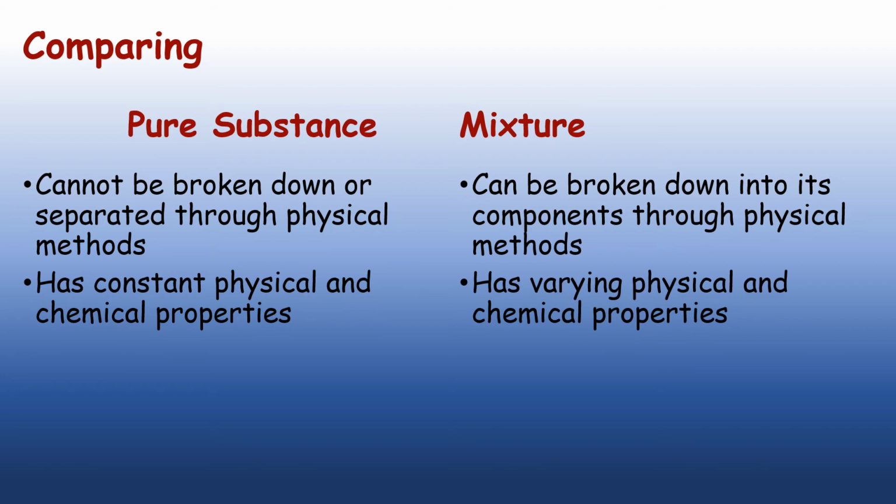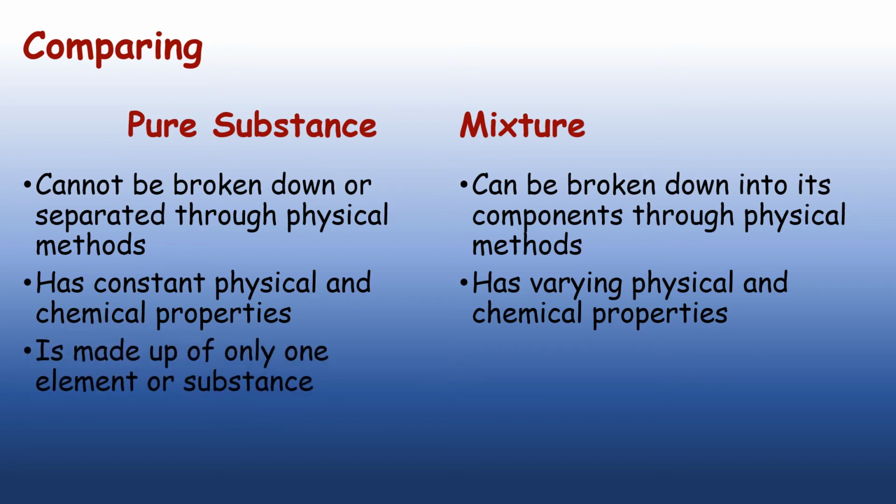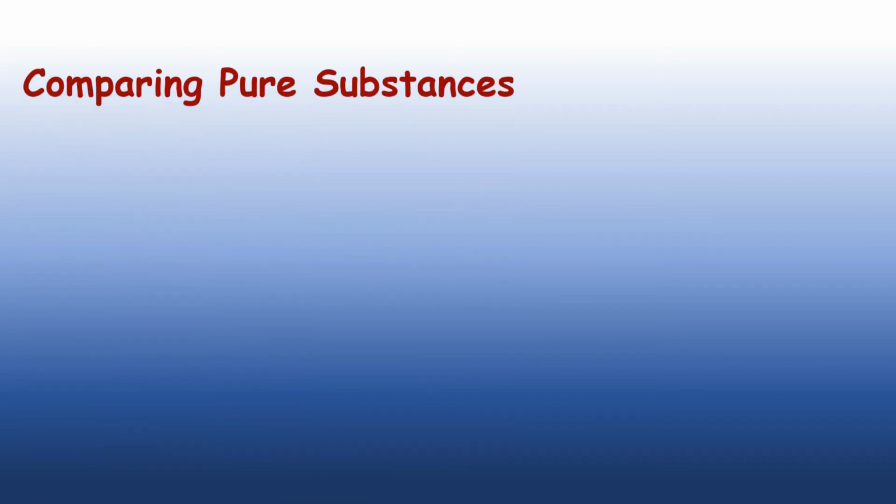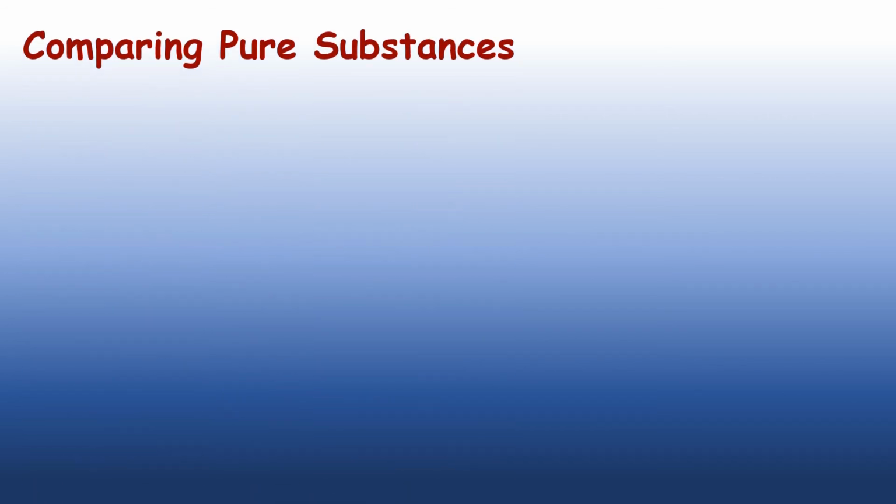While mixtures have varying physical and chemical properties simply because the molecules in them are not bound together and they can be separated. Now, pure substances are made up of only one element or substance, while mixtures are a combination of two or more substances.